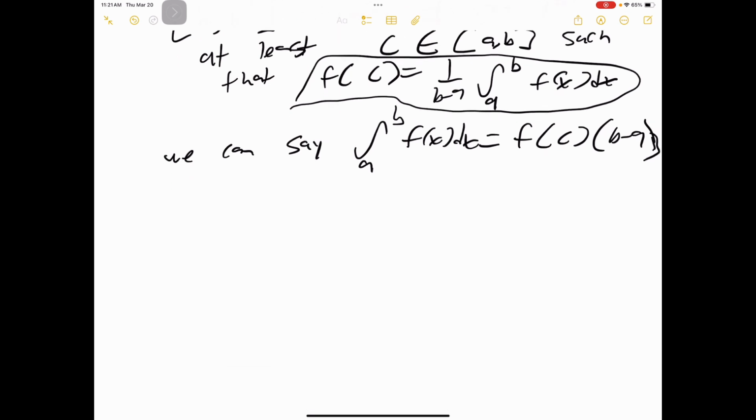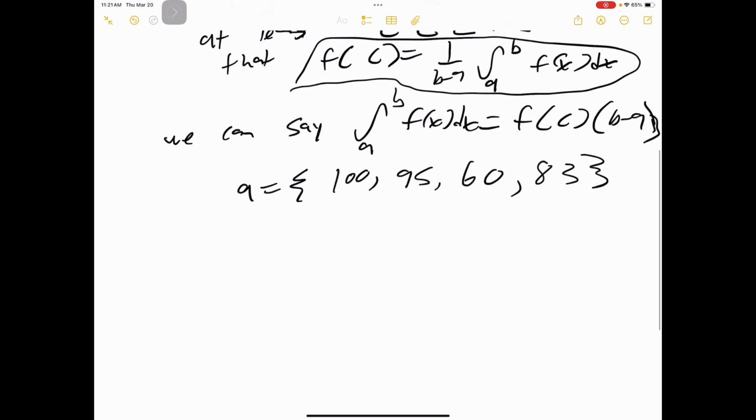If you have a bunch of test scores, let's say in a set A, where A equals 100, 95, maybe you had a tough one, 60, and let's say, I don't know, 83. Let's say you have all of these values, and you wanted to know what your average grade for the class was.